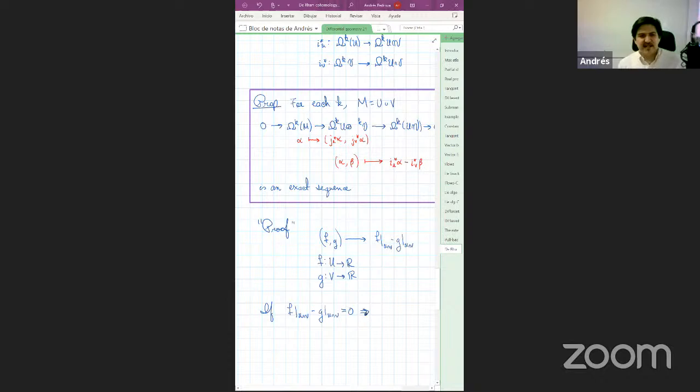So if it goes to 0, what do you have? You have two functions that agree on the intersection.